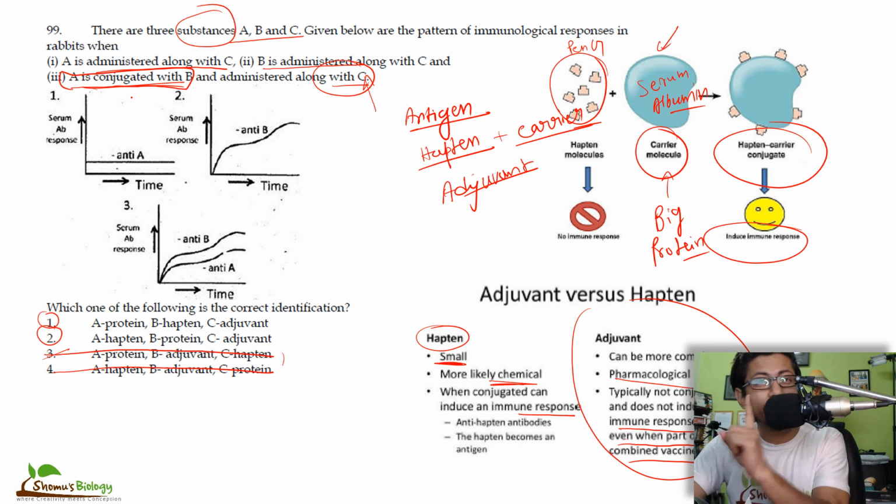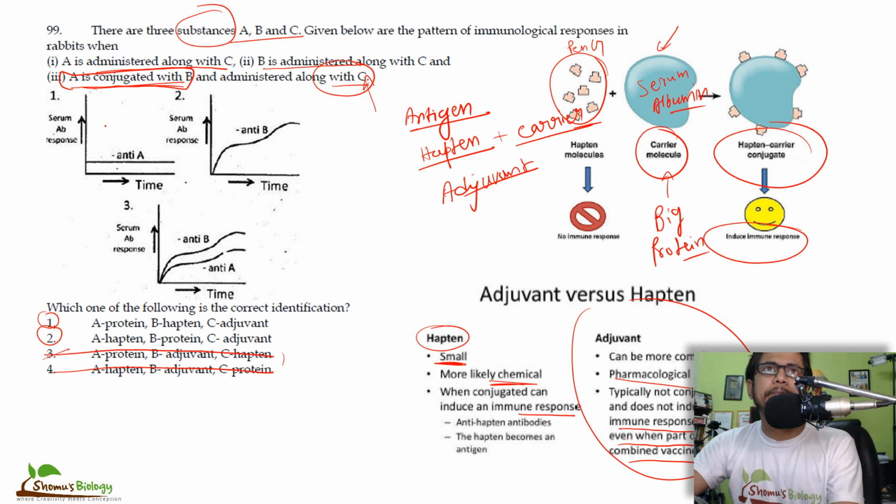So by knowing one fact, by just reading the question, we can eliminate two options with presence of mind. Now between options 1 and 2, which is correct? Now let's see. In the first graph, A is administered along with C. C is adjuvant. When A is administered along with C, no immune response is seen. And in the second case, where B is administered along with C, you see a response.